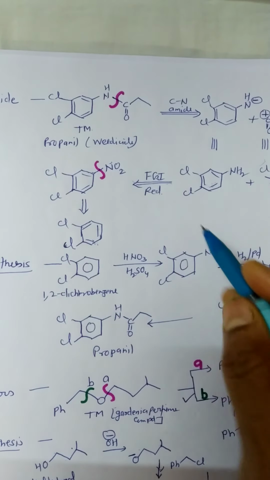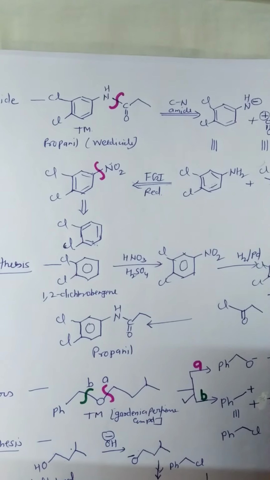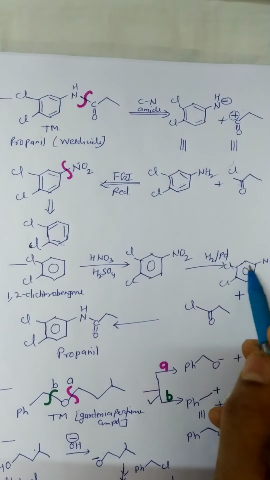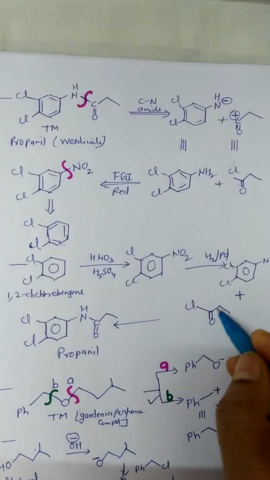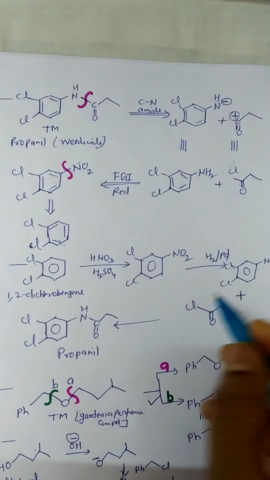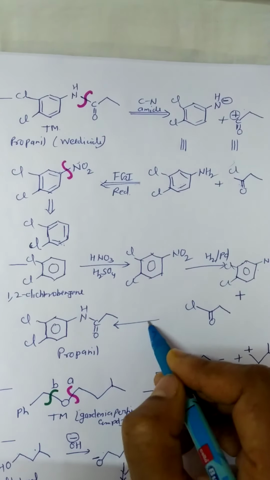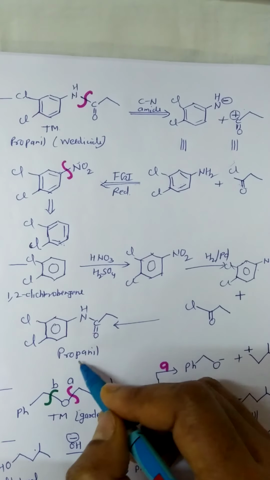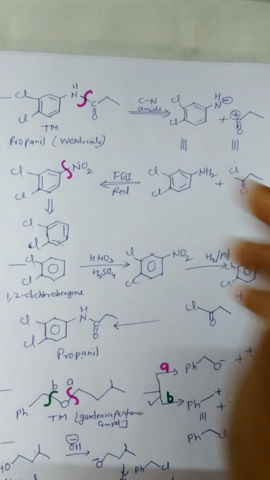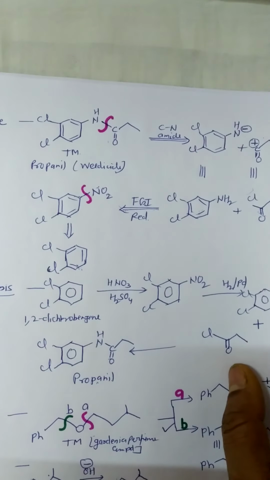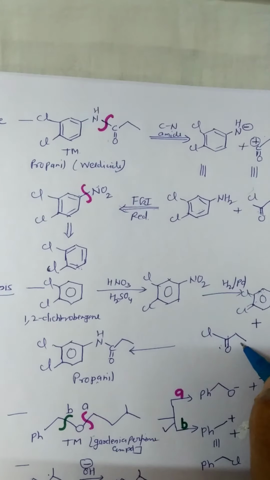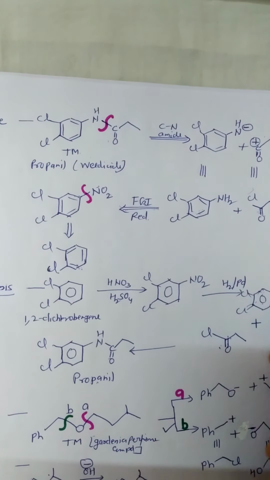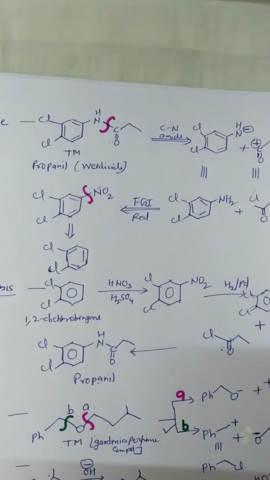This is obtained during the disconnection here, which on reduction gives the amino compound, and with ethanoyl chloride this on reaction gives propanil. These are the synthetic equivalents for the synthesis of propanil. So this reacts with this compound and gives propanil.